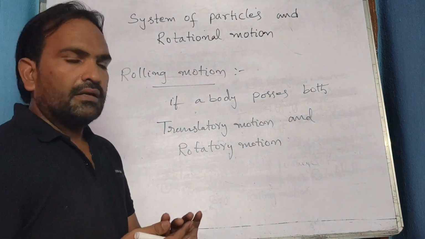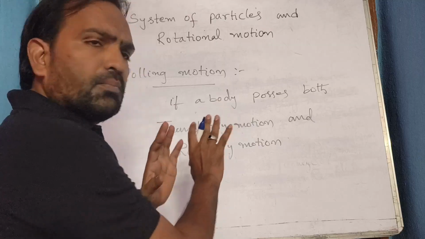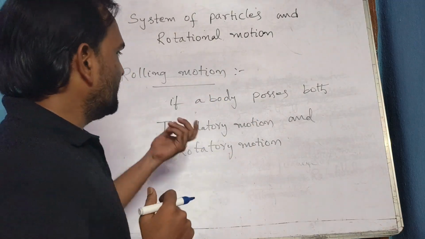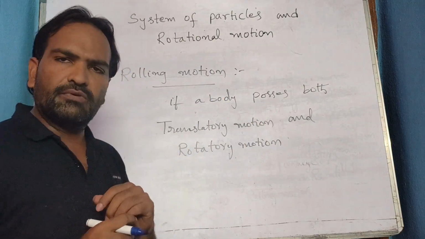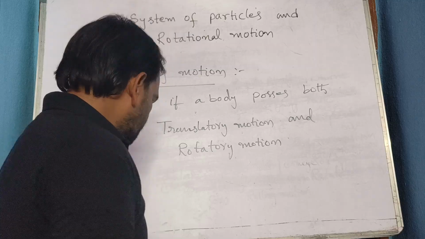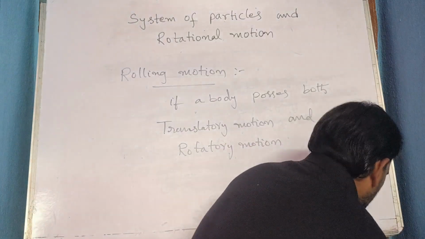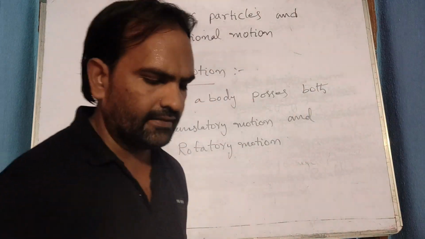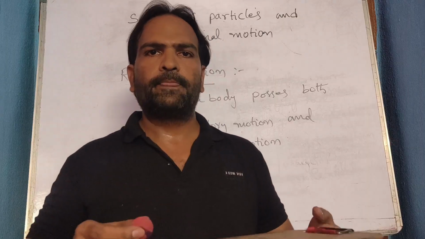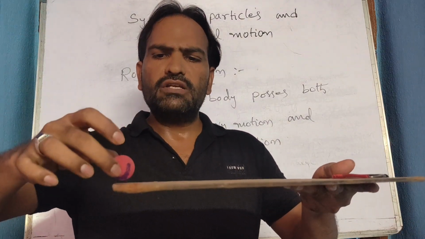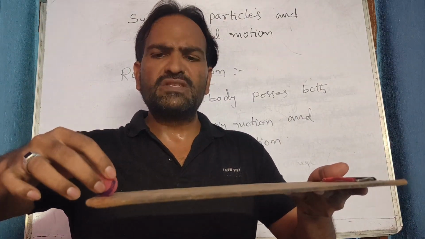Okay, students. So the body possesses both translatory motion and rotatory motion. For example, observe here. Last class we already discussed this. This is a very small ball, and the ball is rolling on the smooth surface.